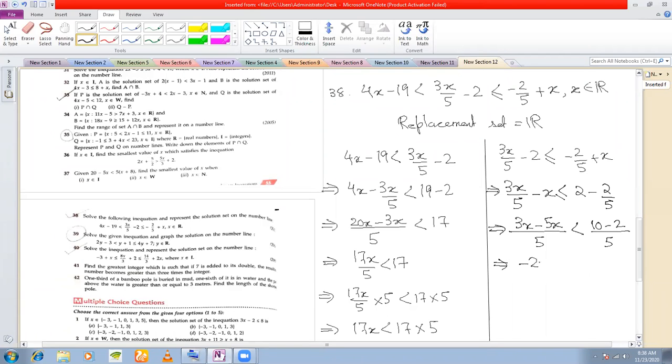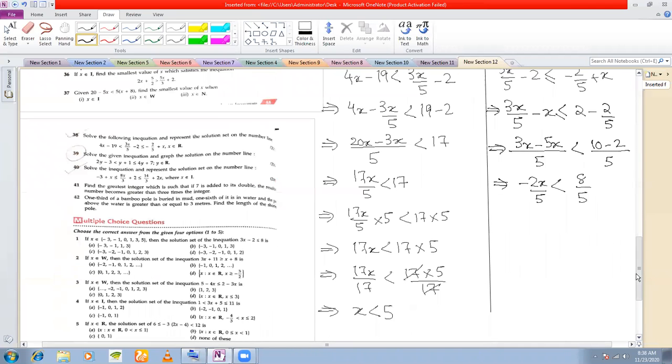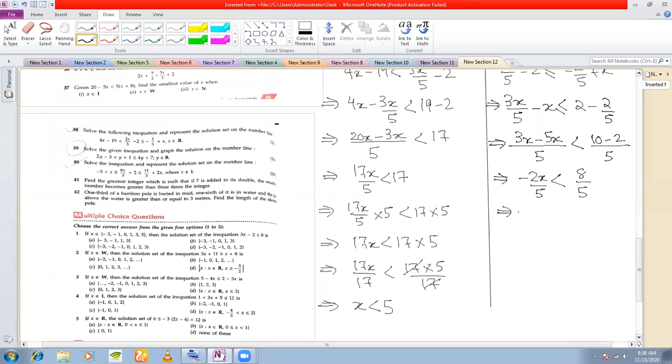You get minus 2x by 5 is less than or equal to 8 by 5. So in order to remove 5, you need to multiply both sides by plus 5. So you don't need to change the sign of the inequality.